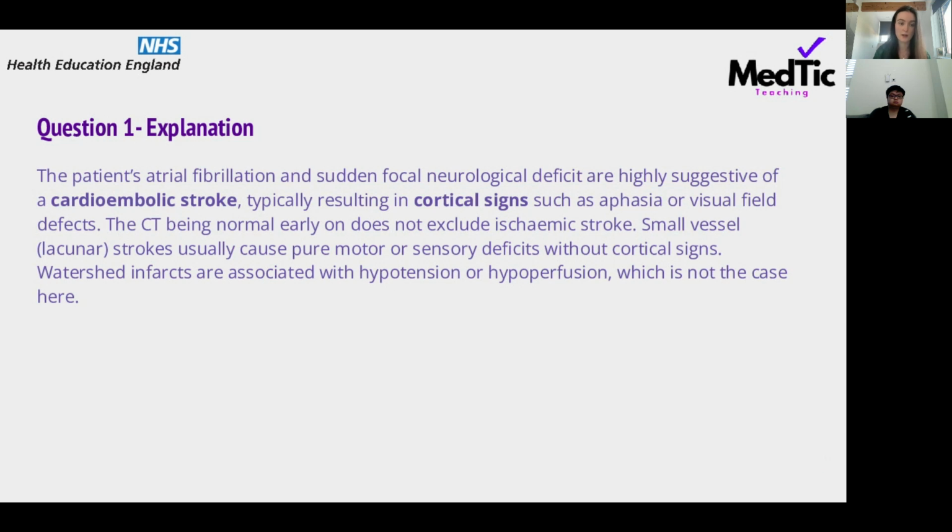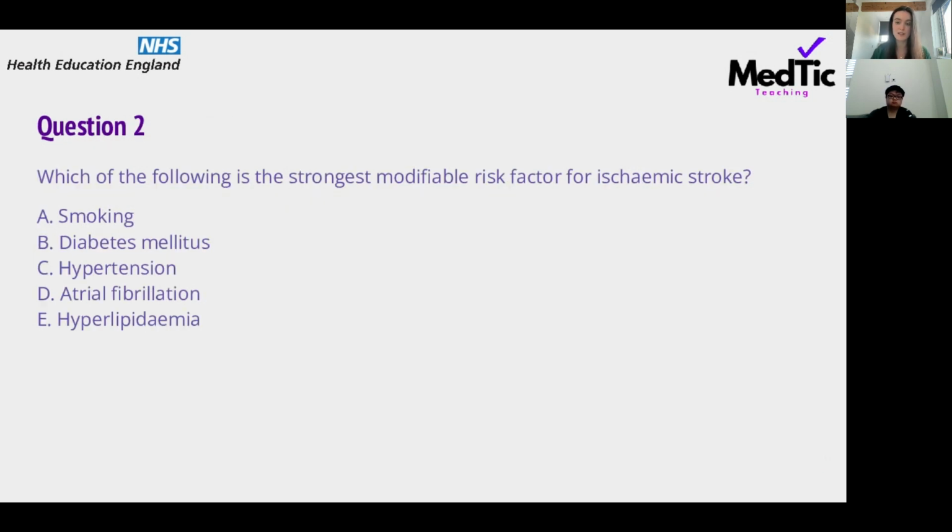And watershed infarcts are associated with low blood pressure or not perfusing their organs properly, and that's not the case here. So it generally points to the cardioembolic source. And often, if you're presented with this kind of thing, AF is a major risk factor, so if they're mentioning it, then think about it. Nice. So if we go to the next question.